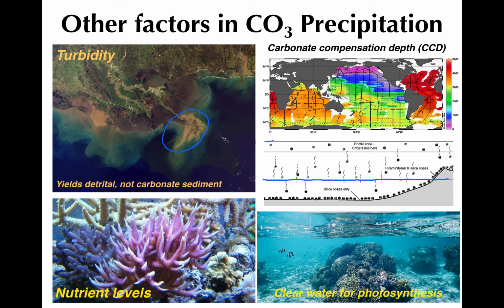So from the surface of the ocean in the photic zone, where you may be producing carbonate, when that carbonate then sinks, it will sink through an area of the ocean called the lysocline. And in the lysocline, it will slowly dissolve as carbon dioxide becomes more and more concentrated in the water. Once it falls below the carbonate compensation depth, or CCD, it'll dissolve away completely.